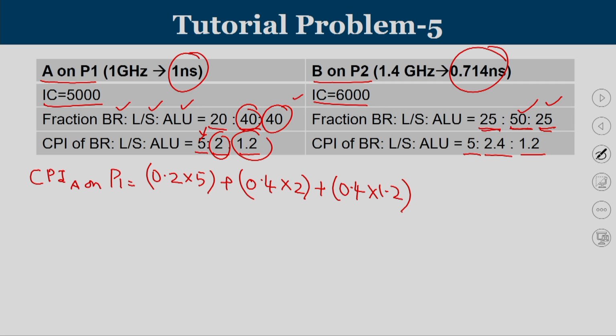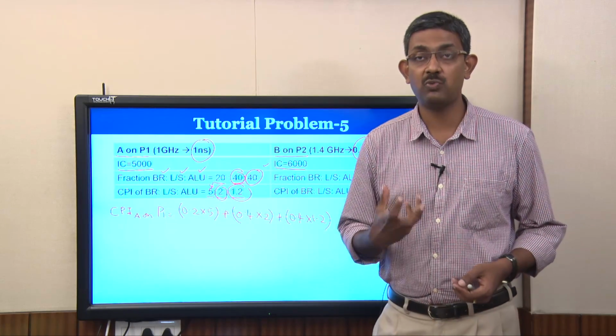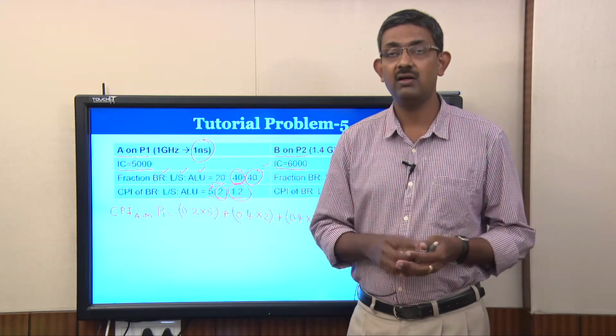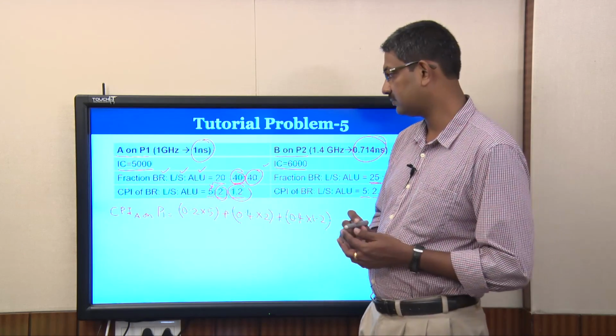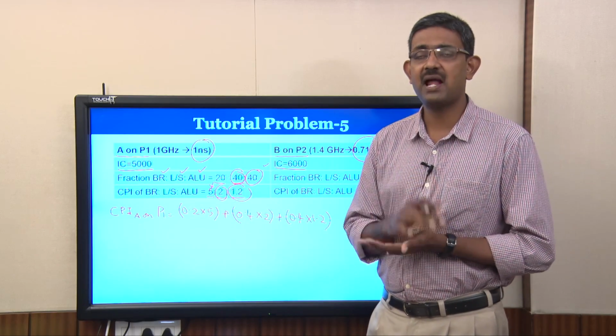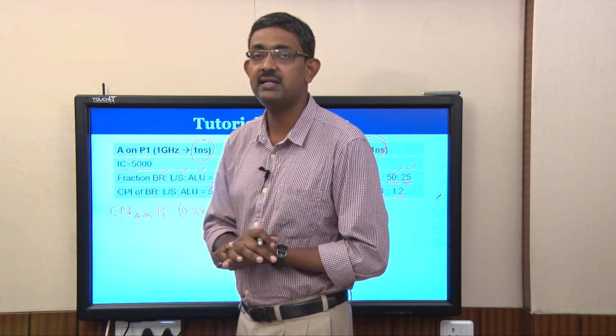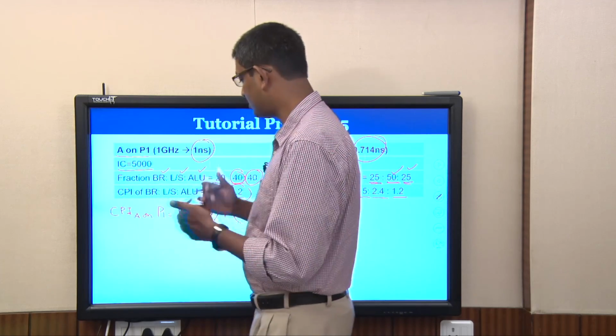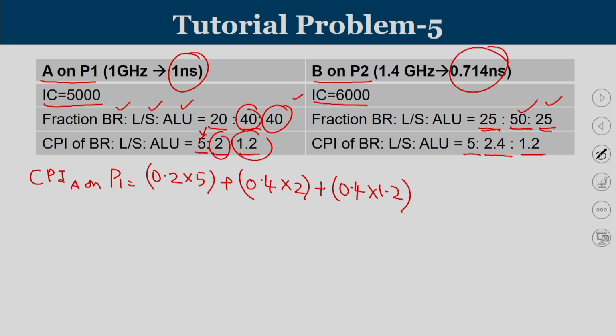So, what we are trying to do here is, different instructions have different CPI. Let us try to find out what is the CPI of the program A. A has a different mix of instruction. It has branch instruction, it has load store instruction, and it has ALU instruction. So, with the percentage fraction, we are trying to combine all these.